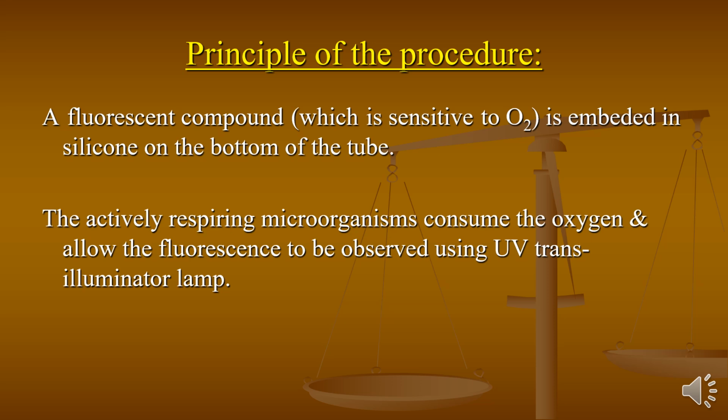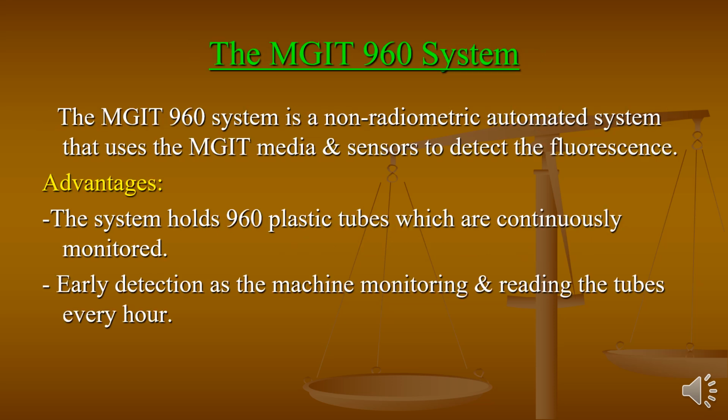The actively respiring microorganism consumes oxygen and allows fluorescence to be observed using UV illumination light. The MGIT 960 system is a non-radiometric automated system that uses MGIT media and sensors to detect the fluorescence. The advantage is that this system holds 960 plastic tubes continuously monitored. The machine reads the tubes every hour, which helps in early identification.